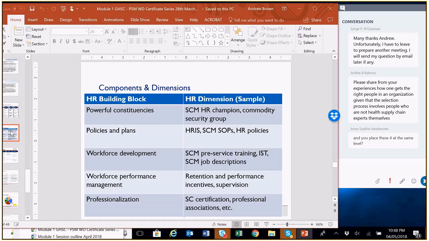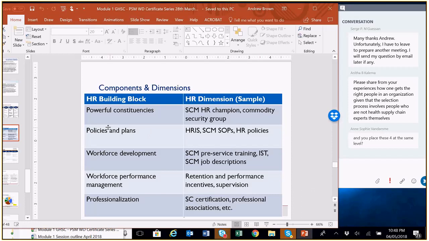Now, I mentioned and showed you the different building blocks. In this particular assessment tool, these are the 5 building blocks that are looked at. In other words, the human resources systems are broken down into these 5 pieces of pie. And different things are looked for to see if they're present.